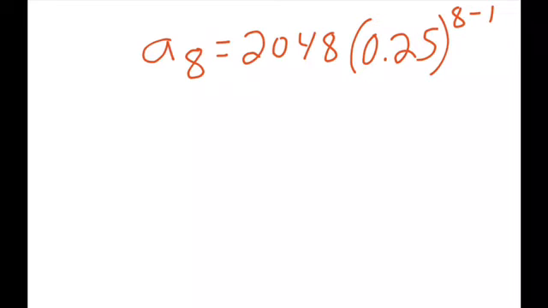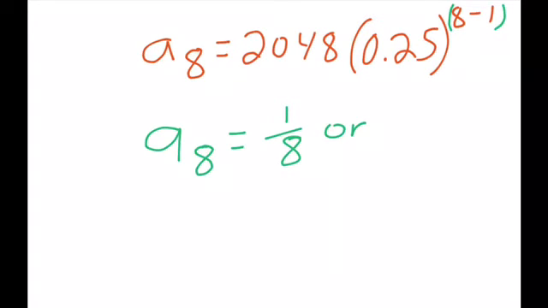When you put this in your calculator, make sure to put parentheses around your 8 subtract 1, or just put to the power of 7 instead. And we know that a sub 8 equals 1/8 or 0.125.